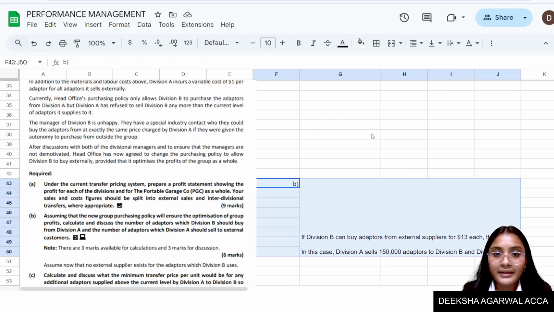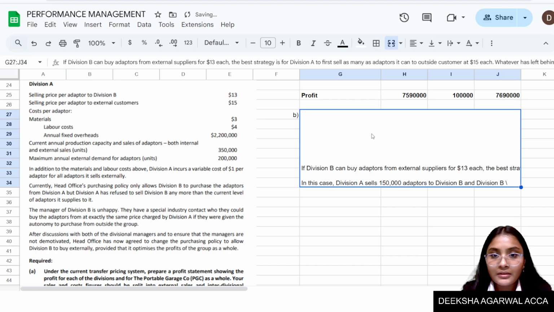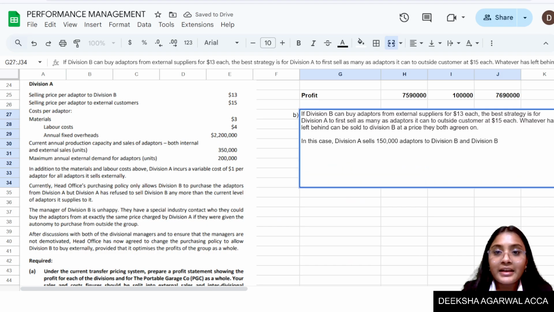And what can my division B do? Division B buys the remaining 30,000 from an outside supplier. Correct.